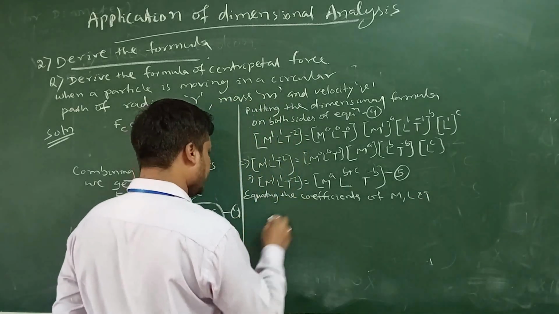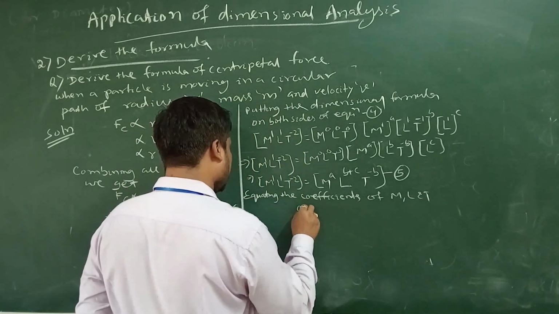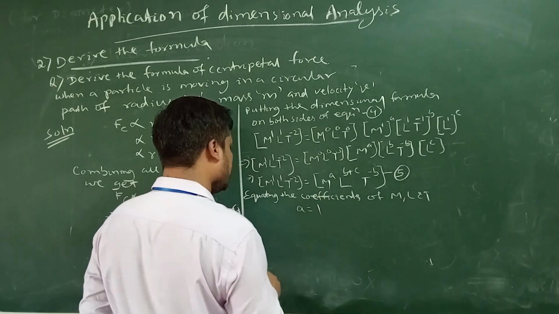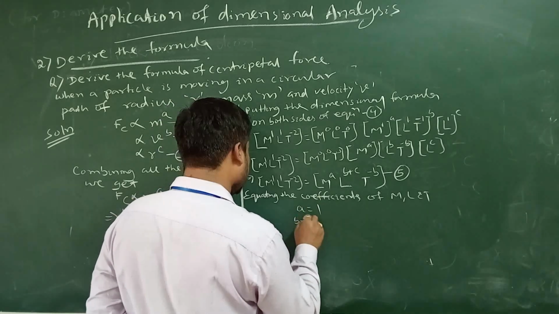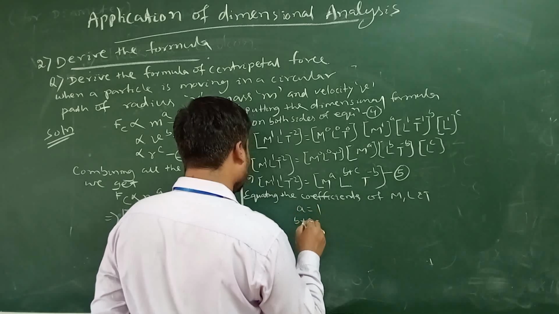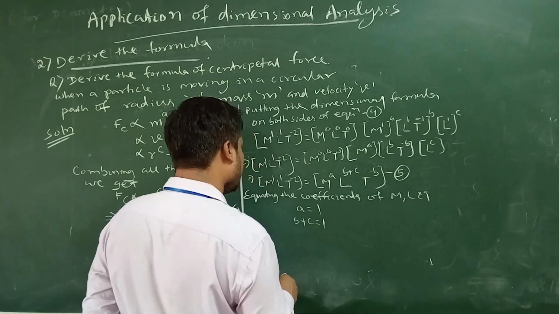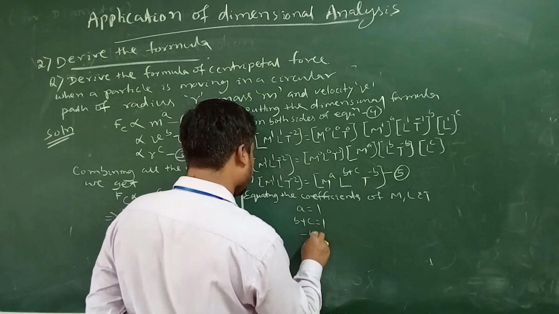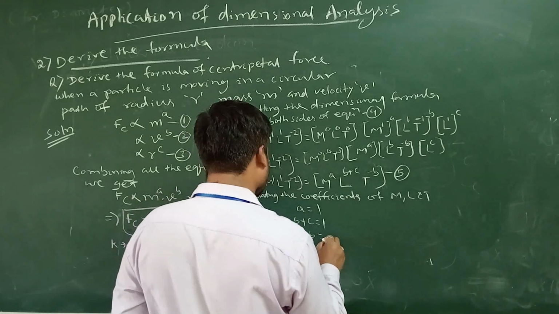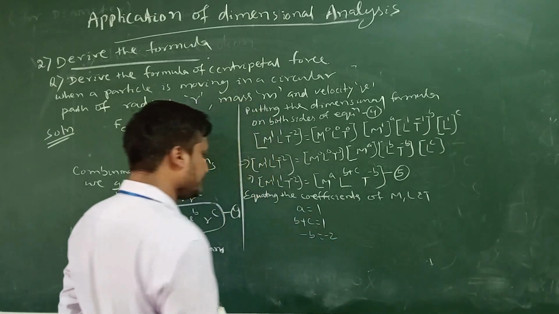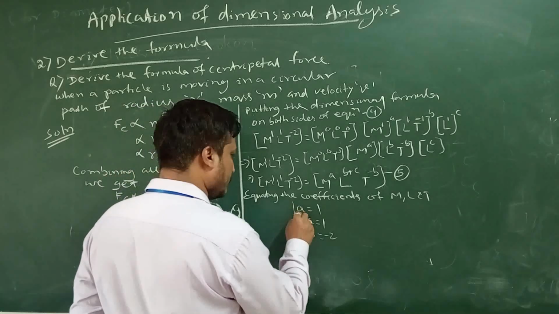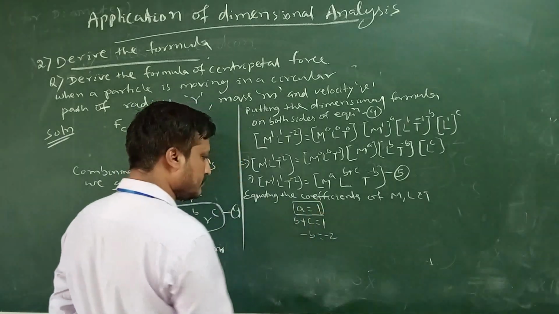So a equal to 1, b plus c equal to 1, and minus b equal to minus 2. Here you see that the value of a is 1.